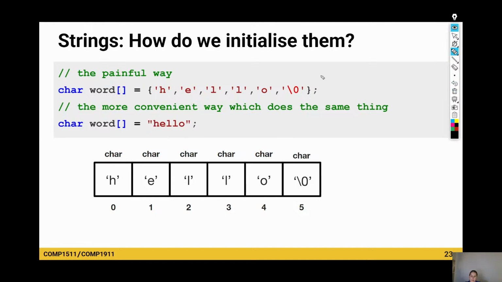So these two things will do exactly the same thing. Typically, we're not going to bother writing it like that in our code, but it's good to see that that is actually what happens and how our strings look. We typically just want to write it like this, let C add this character for us, and not do as much typing.